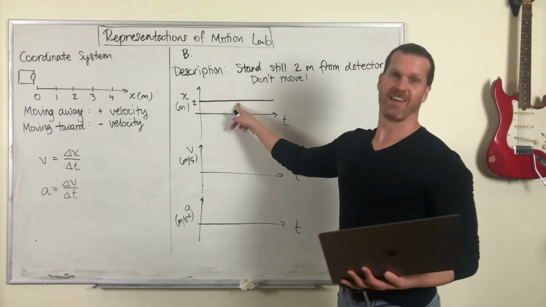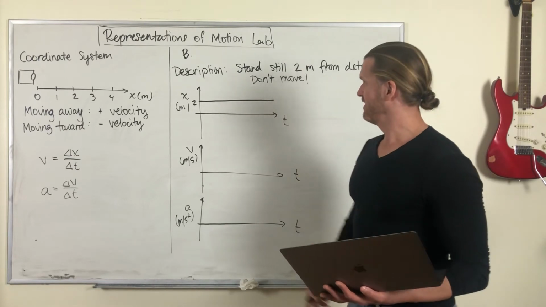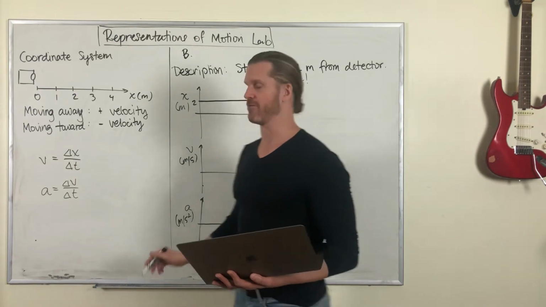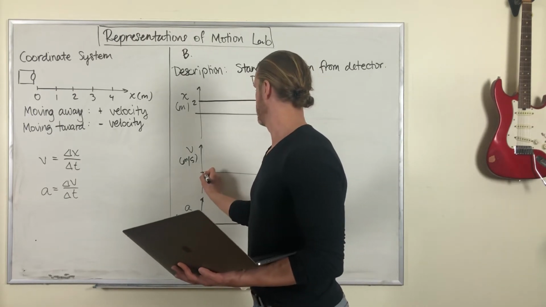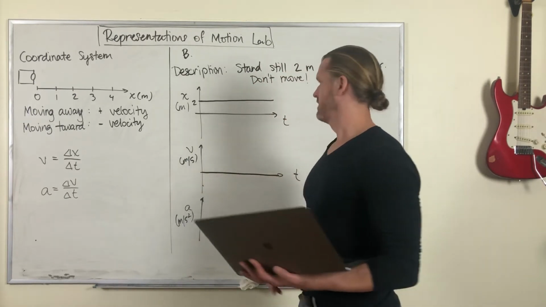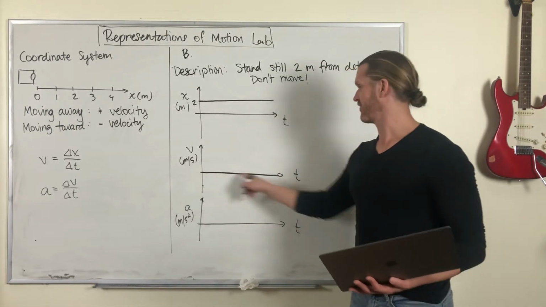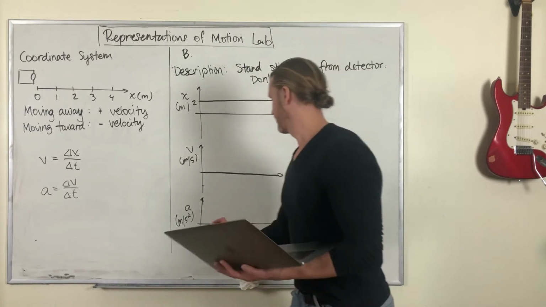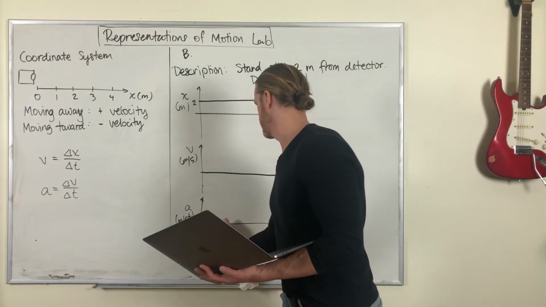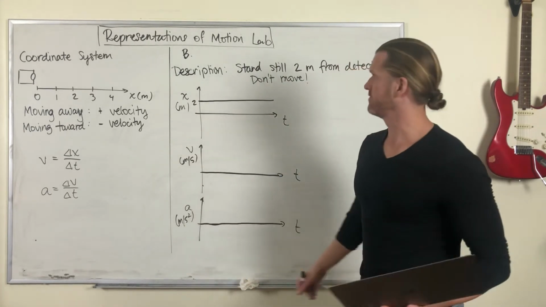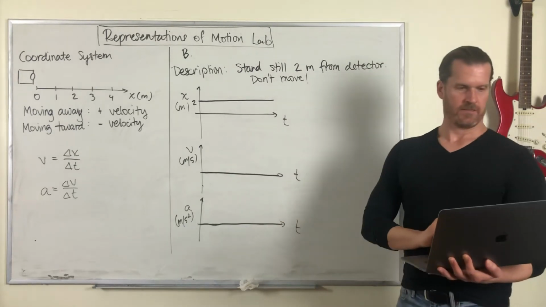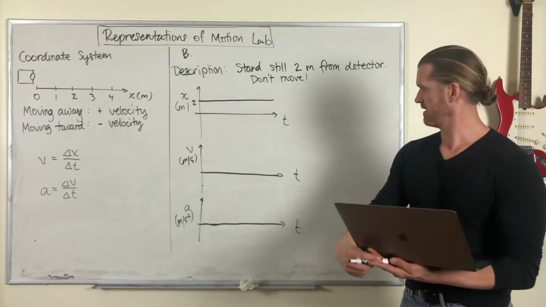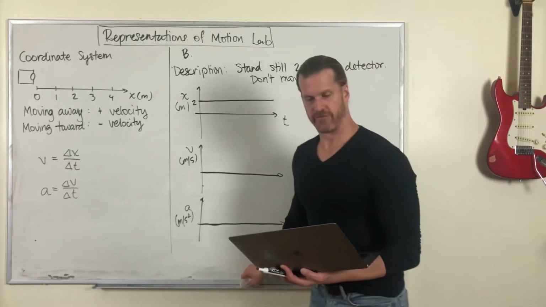So if you were just standing stationary in place, by the definition of velocity, your velocity is 0. And if your velocity is this constant 0 value, then by the definition of acceleration, your acceleration is also 0. So question B is pretty simple. Let's move on to part C.